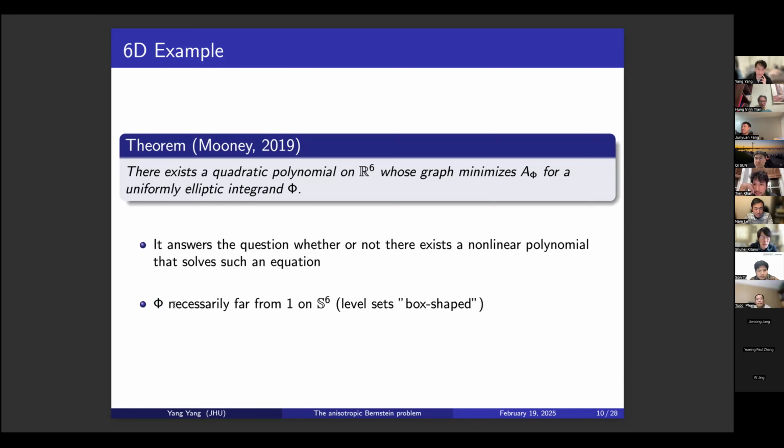This is necessary because Leon Simon showed that if phi is close to the area in C^2 topology, then all the global solutions have to be flat in low dimensions, up to dimension 7. So it's necessary that phi should be far from the area case.